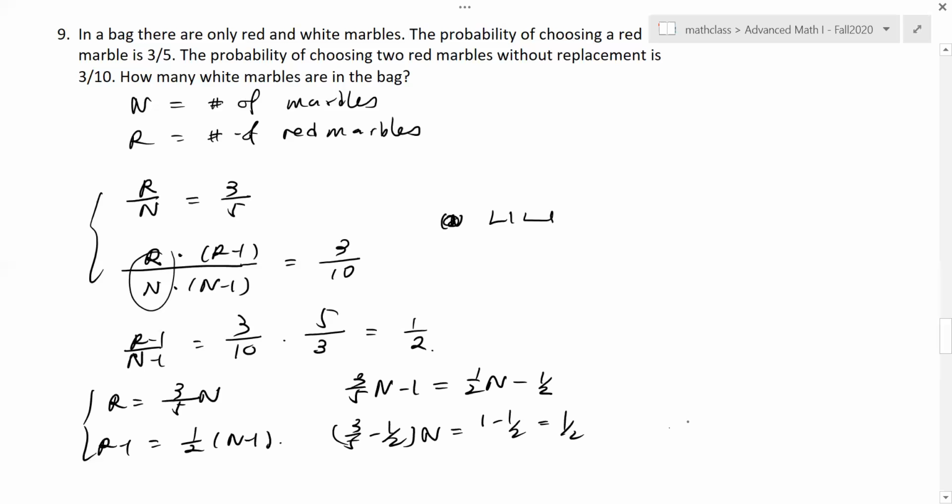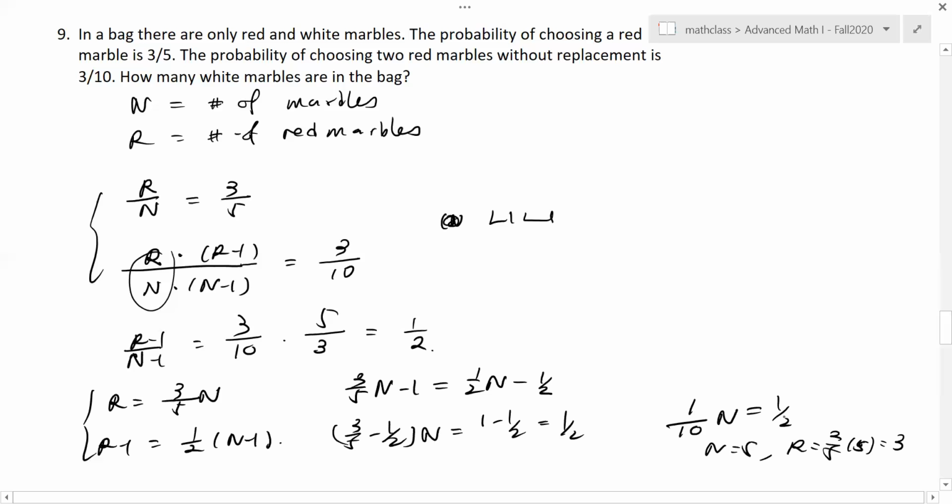Combine them, and n is going to be 5. If n is 5, then R is 3 over 5 times 5, which is 3. If R is 3, the white marbles are 5 minus 3, which is 2. Great, so we solved the problem.